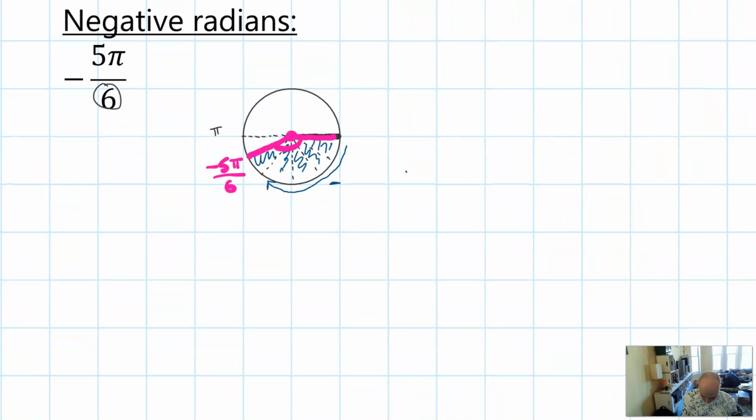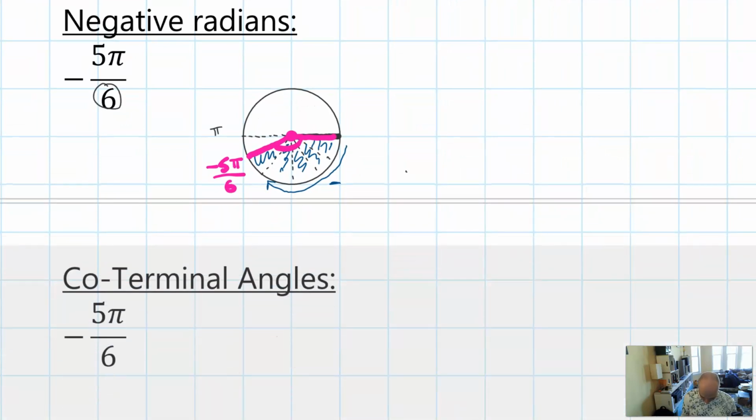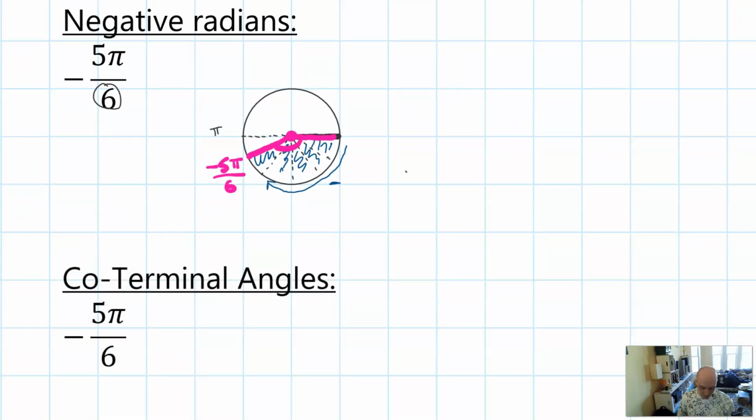Now, you may immediately be noticing from this picture that there is another way to express this angle as a positive radian angle. If I have the same terminal side and I were to open the positive direction, turning positively, I would have 6 pi over 6 plus one more pi over 6 little slice.